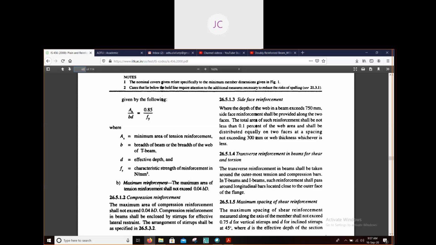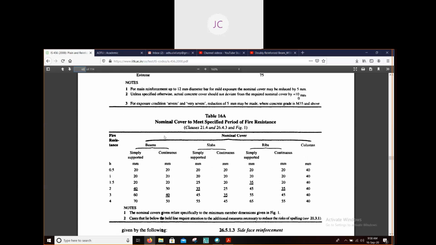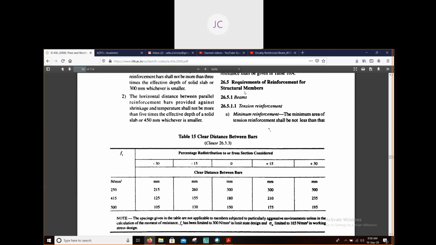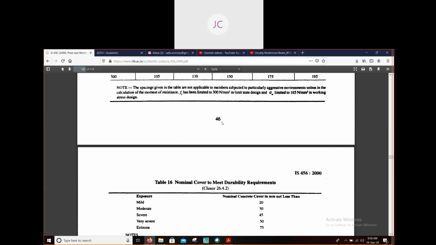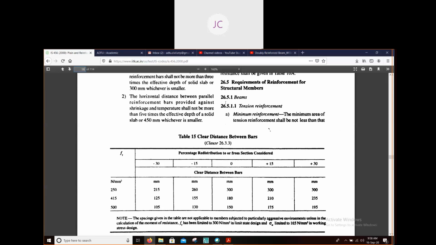Okay, all of you go to clause number 26.5. It might be on page number 46. You can check that.